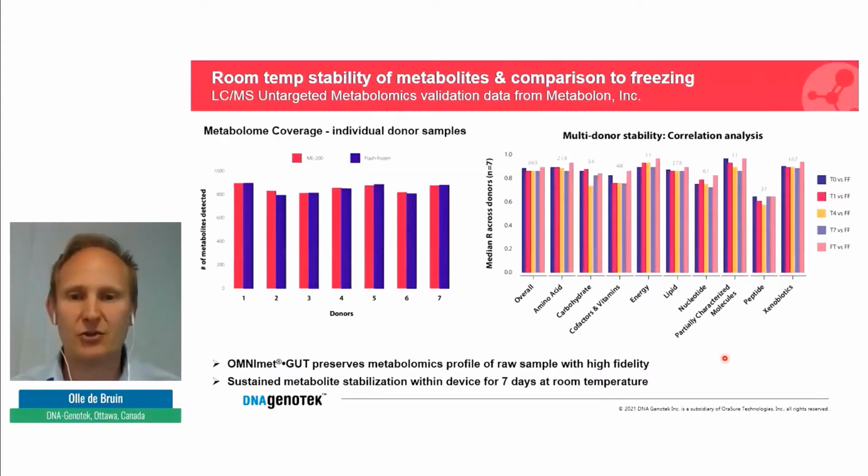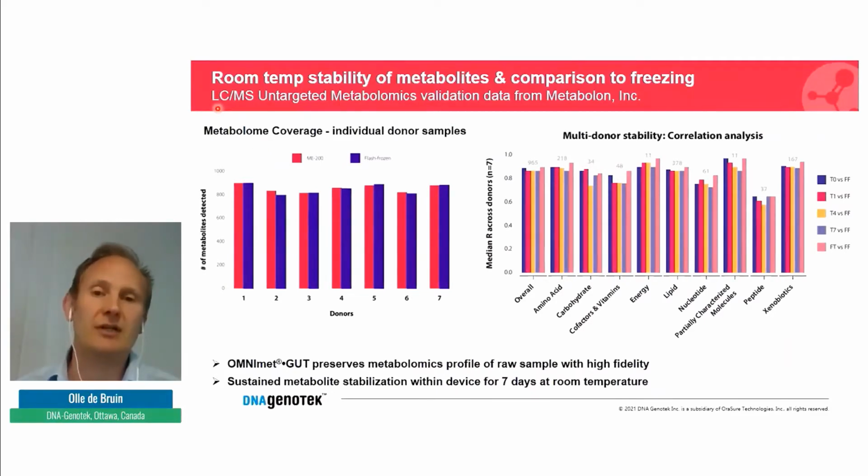This next slide shows results from our evaluation and comparison of the OMNImet.GUT device to the gold standard, again -80 freezing of stool samples. These are LCMS untargeted metabolomics results from Metabolon Inc., trying to detect as many metabolites as possible in a sample and profile that sample.